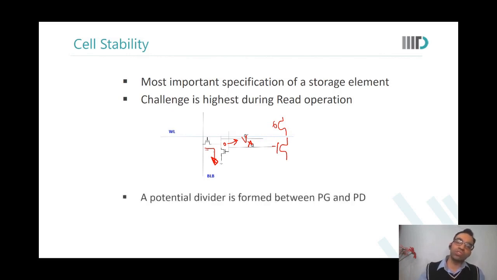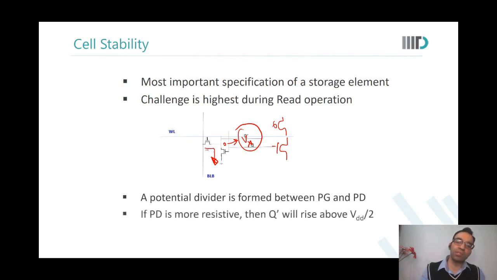You wish to ensure that this Vx is as low as possible. Therefore, we get another sizing constraint over here, which is that the pass gate has to be much more resistive than the pull down. So this is the pass gate. This is the pull down. The pass gate has to be much more resistive than the pull down.